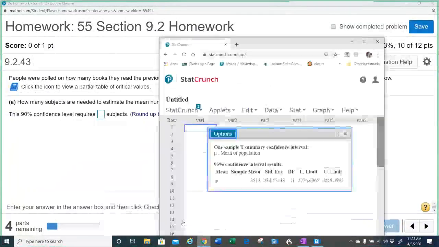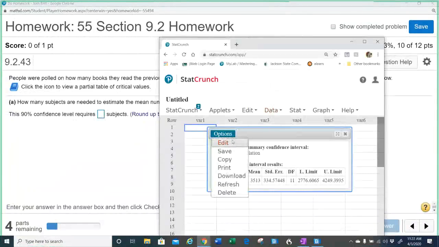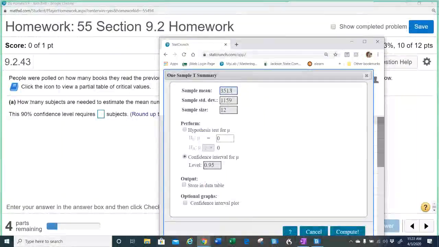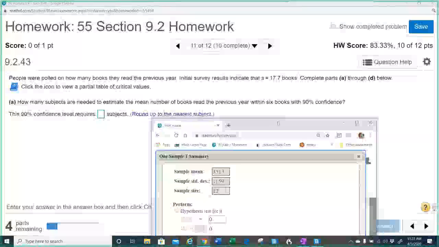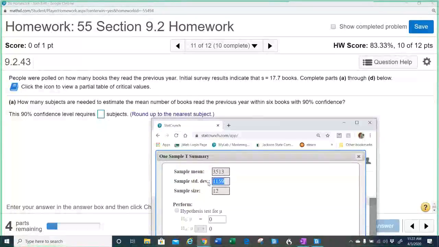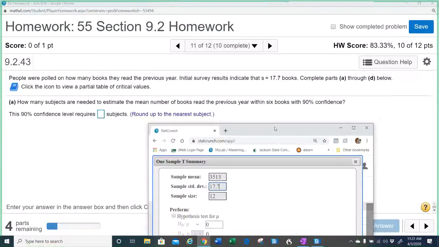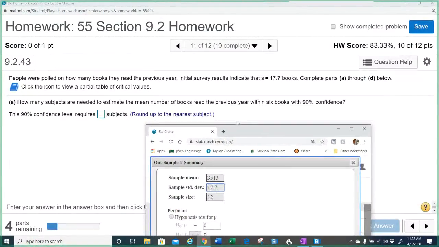Another sample size question. This time we've got 90%, and we want 17.7, standard deviation, sample mean. Let's see here, how many subjects you need?